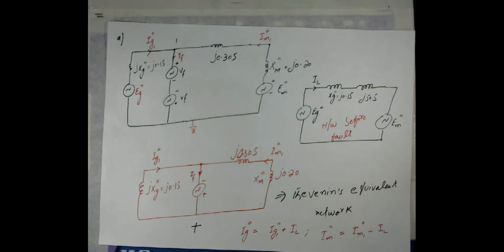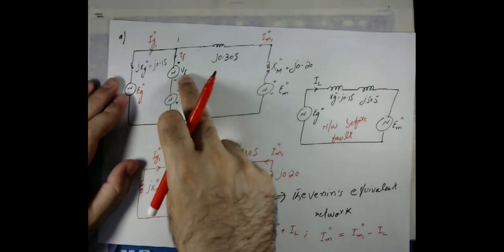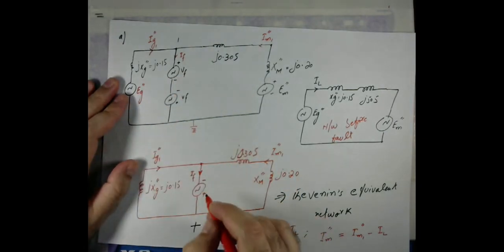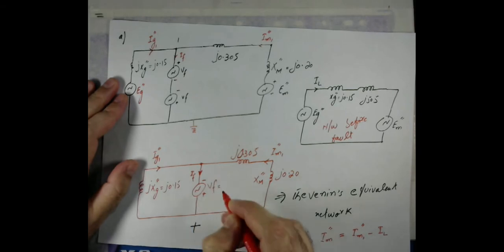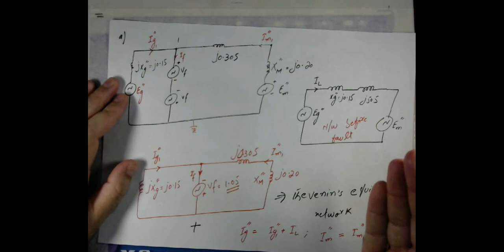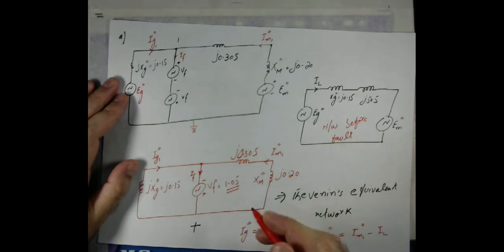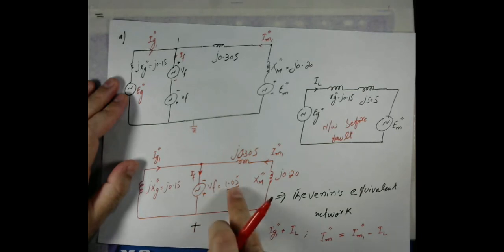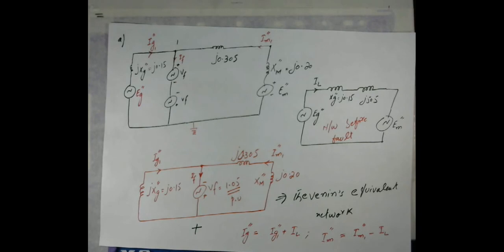So VF, which is the voltage at the fault, will be equal to 1.05, as it is 5% above the rated value. In per unit, that will be 1.05 per unit. As I mentioned, we assume that the generators are running at the rated values or whatever values are given in the question description.